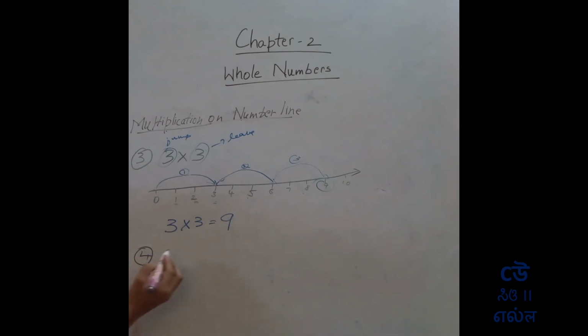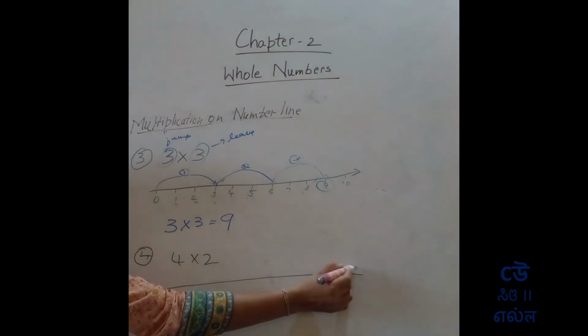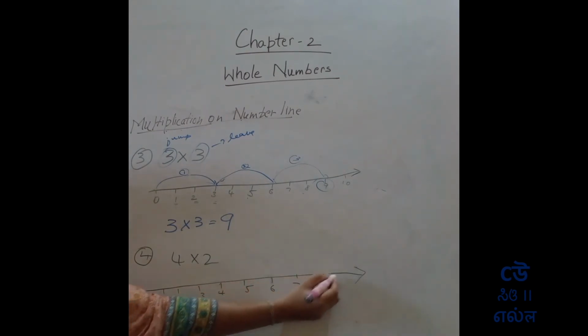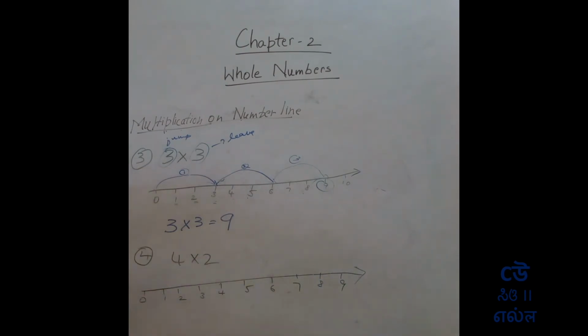Next, the fourth one: 4 into 2. First draw the number line: 0, 1, 2, 3, 4, 5, 6, 7, 8, 9. How many numbers do we have to leave? Two numbers. So leave the first number, 1, 2.